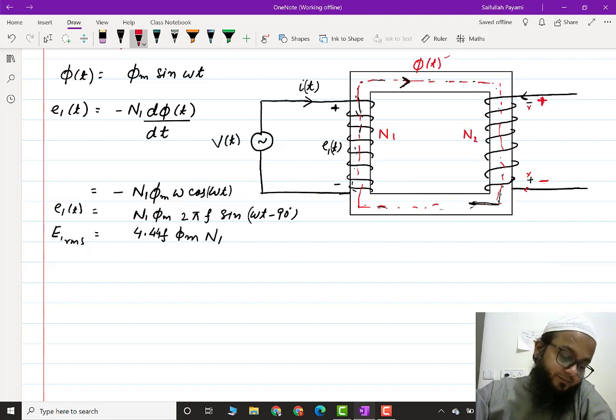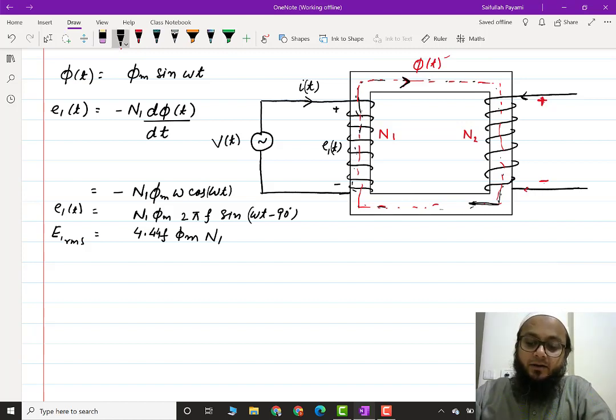If this coil has plus here, then even this coil will have plus here. But you may ask, what is the need of it? Anyhow, this is an AC quantity, and if I connect a load here, how does it affect anything? But let's think of cases where we need to connect two transformers in parallel.